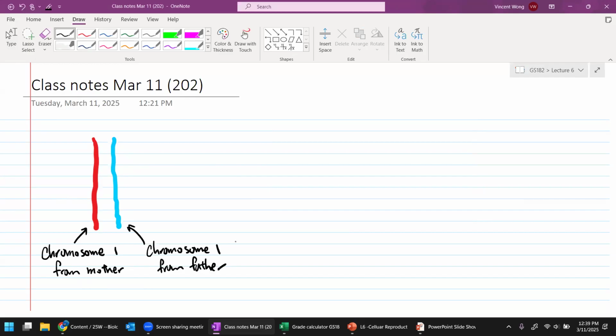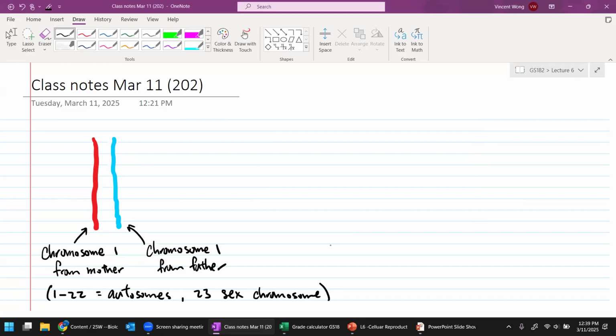Autosomes? And 23 is sex chromosomes. So 1 to 22 determines everything about yourself, except for the sex. But for 23, if it's XX, it's going to be female. If it's XY, it's going to be male. And so we talked about that.